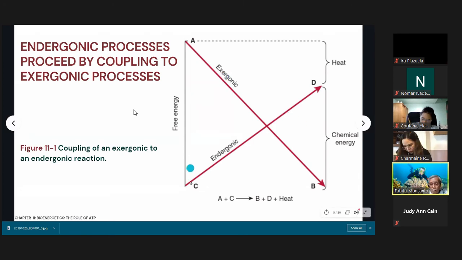An endergonic reaction requires energy to go uphill, right?